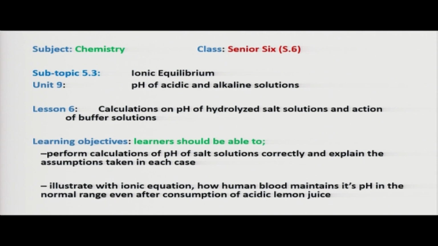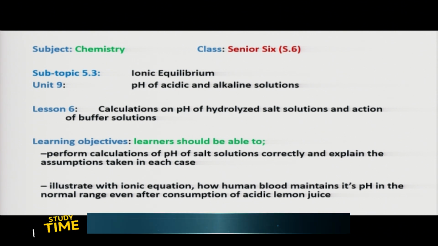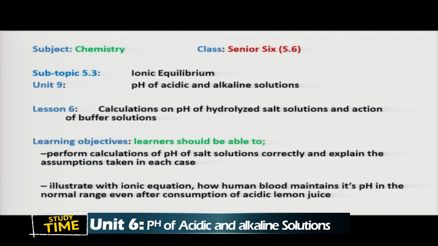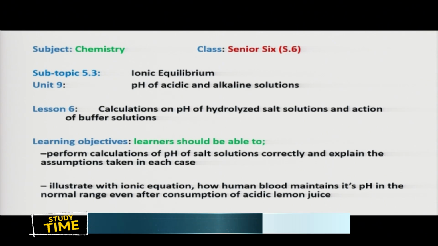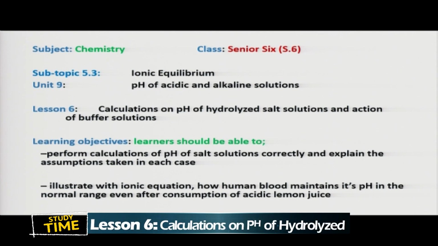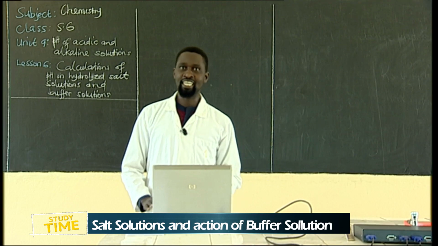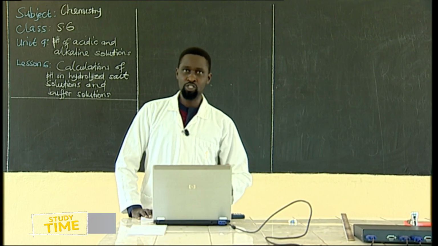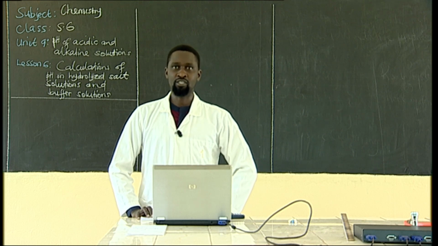Briefly, before we do a recap, what I expect of you by the end of the lesson: you should be able to, 1, perform calculations on the pH of salt solutions correctly and explain all the assumptions taken during the calculation. 2, illustrate with ionic equations how human blood maintains its pH in the normal range even after consumption of acidic and alkaline substances like lemon juice and other basic components.